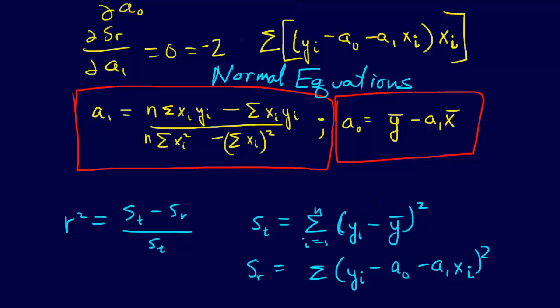And maybe we should really think about St as the sum from i equals 1 to n of (yi minus a naught) squared. To be clear, this may not be the same a naught, but it would have been the a naught if we had only estimated one instead of two parameters. In favor of this notation, I'll erase it, but it's a good insight for you to have about what's going on. And so that's r squared.